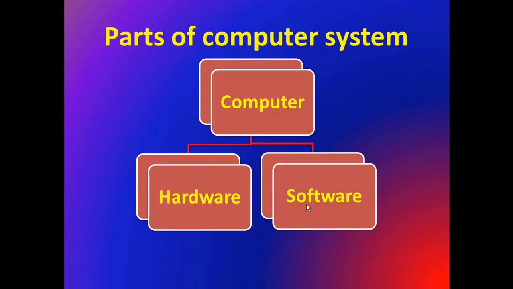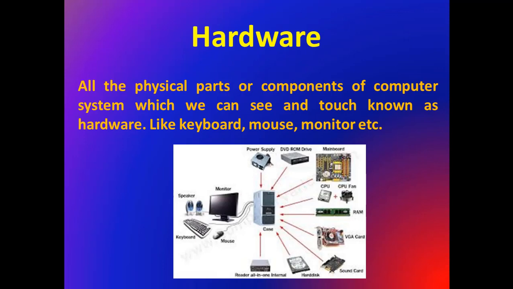Now we are going to discuss the different categories of hardware. First we have to know what hardware is. All the physical parts or components of a computer system which we can see and touch are known as hardware. Some examples are keyboard, mouse, monitor.